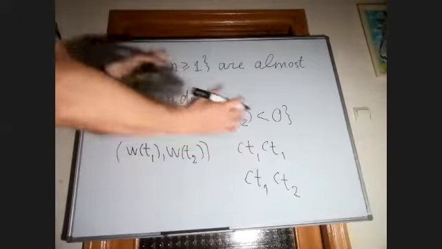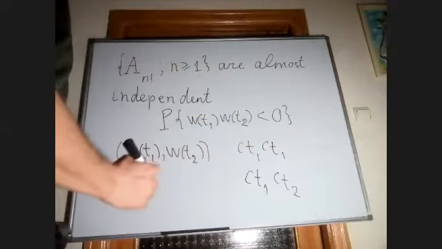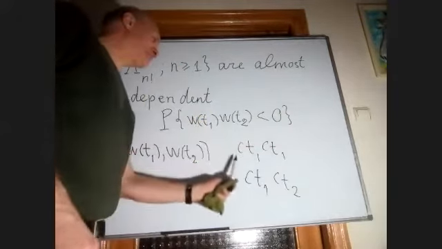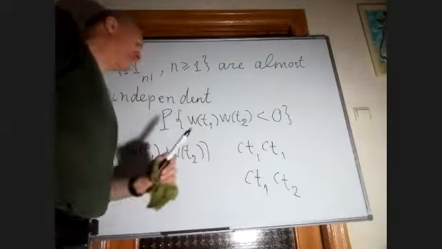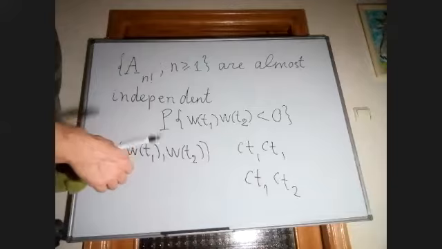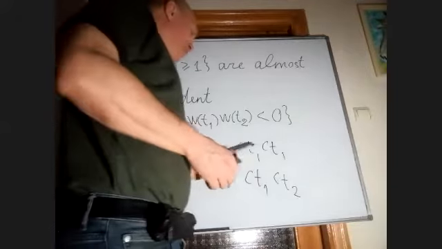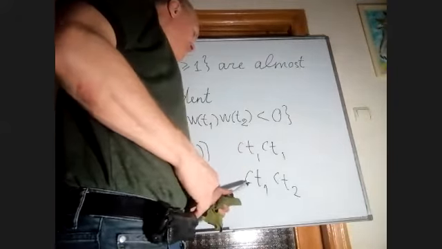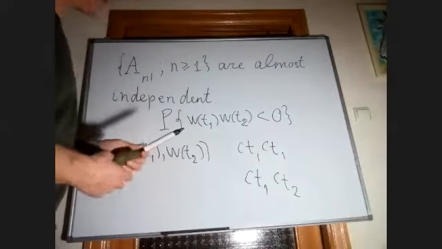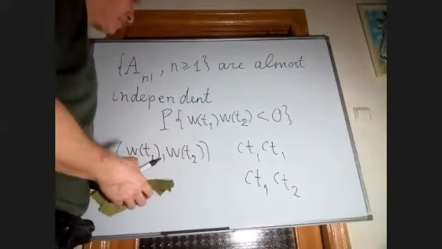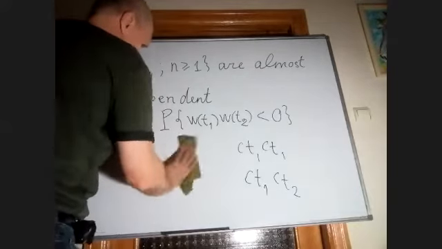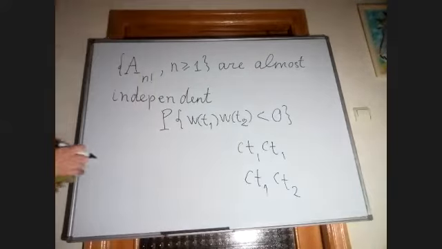Of course, our vector will shrink, but this event does not depend on the multiplication by C. So one can check that if we multiply our time parameters by the fixed number C, this event will not change its probability.